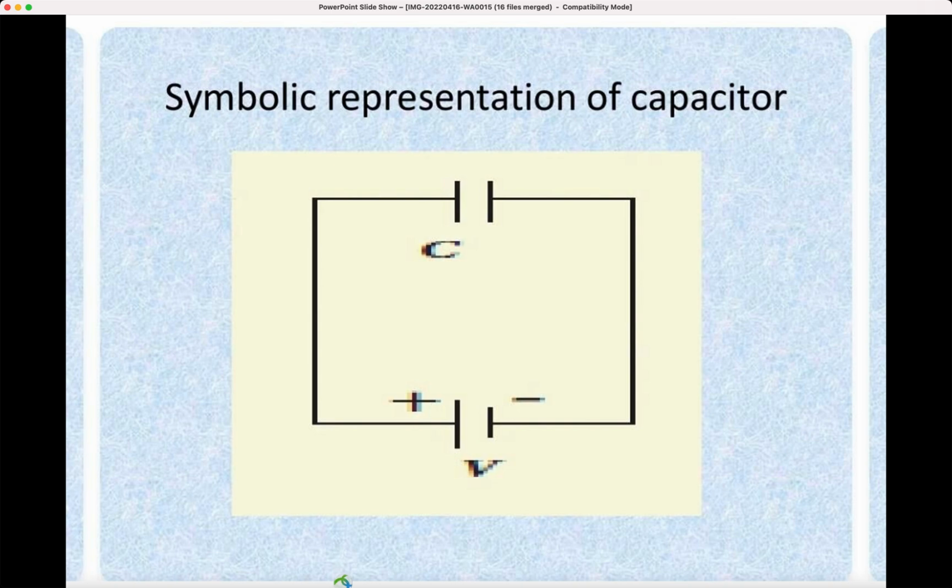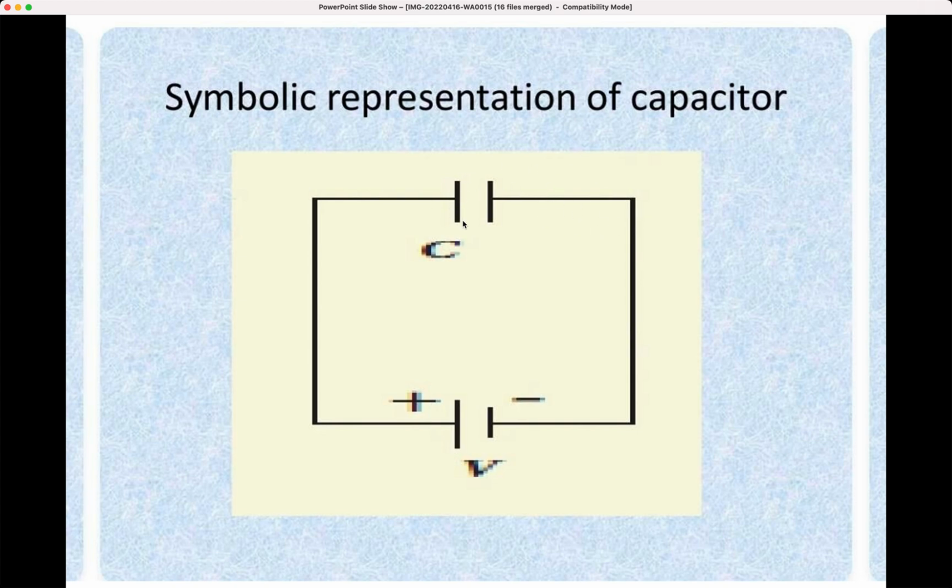Plate 1 becomes positive and plate 2 becomes negative. At steady state, current tries to flow through the capacitor from the positive plate to the negative plate, but it is unable to flow due to the separation by an insulating material. Normally an electric field appears across the capacitor.